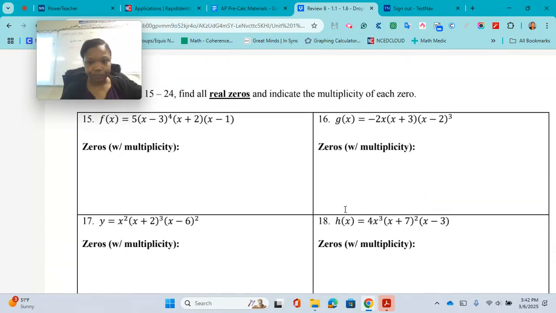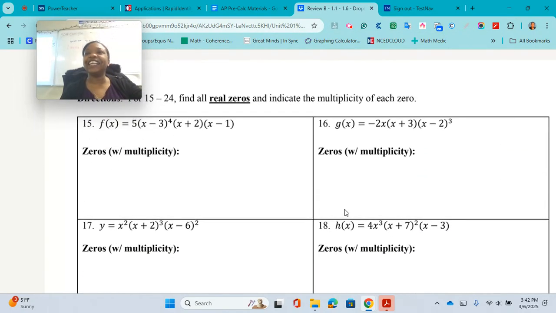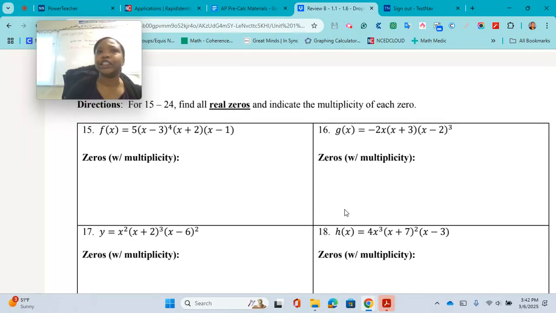Next. These are easy because we were just doing this. All we need to know is all the real zeros and the multiplicities. So, we have 0 with a multiplicity of 4.